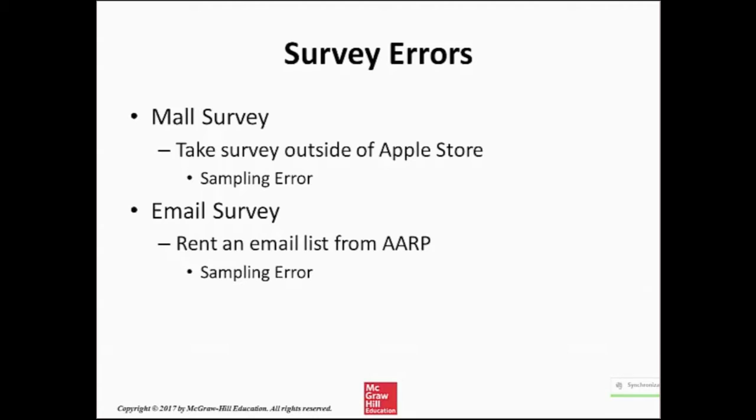Another way we could get a sampling error is to only survey malls in San Francisco and San Diego, where the population might be quite different than the population on the East Coast. Another example is we could rent an email list from the American Association of Retired Persons, and we would miss all young people in the population.